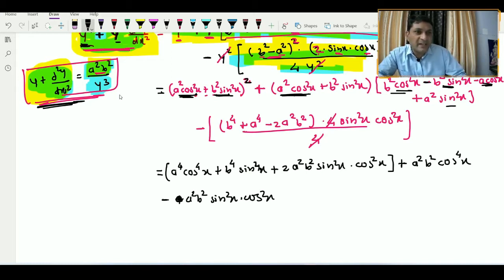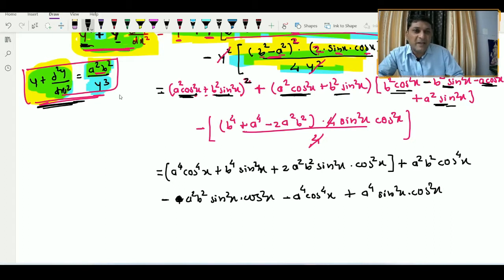Now multiply to the next term. So here minus a square cos square x into a square cos square x will be a raised to power 4 into cos x raised to power 4, and lastly multiply to this term. So here a square into a square is a raised to power 4 sin square x into cos square x.